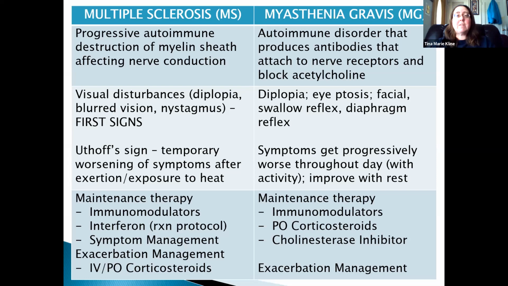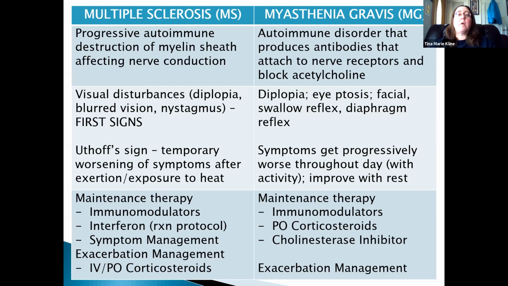So myasthenia gravis is also an autoimmune disorder. Okay, so once again, we have our body's own immune system just going way overboard, and it's now starting to attack us.